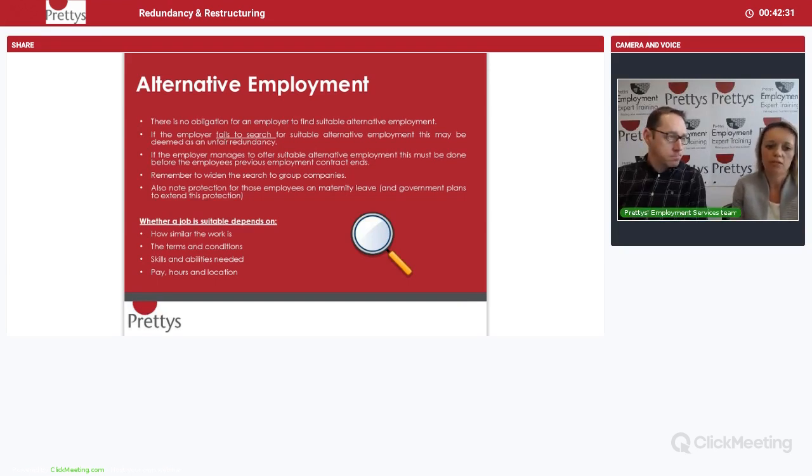A snapshot of what the case law tells us. Case law tells us that a drop in status is most likely to deem the alternative role unsuitable as opposed to suitable. For example, I think there's an example of a head teacher being offered more of a teaching assistant role. Pay is obviously a key consideration, but there are two ways of looking at it.